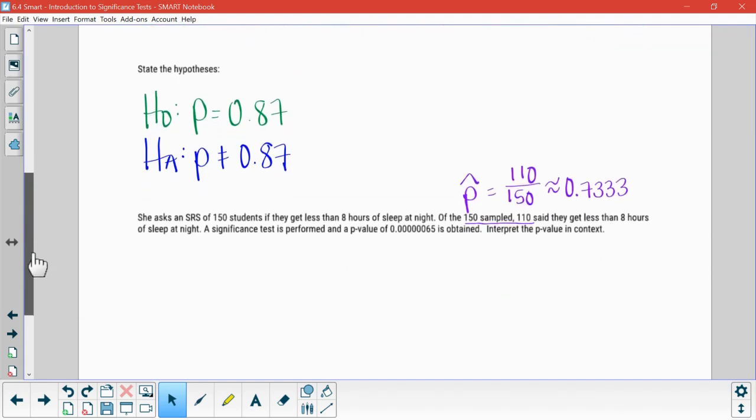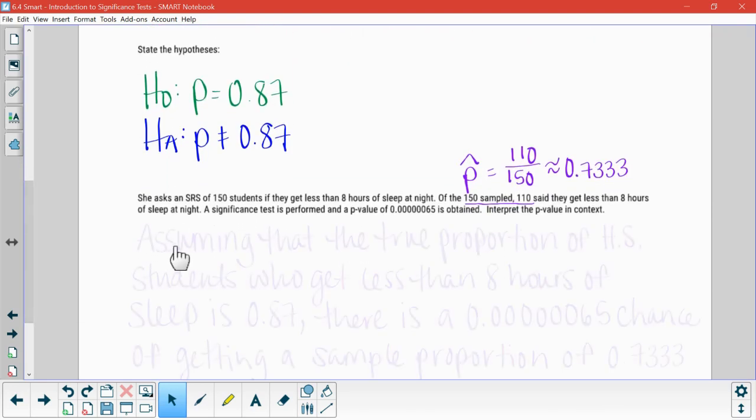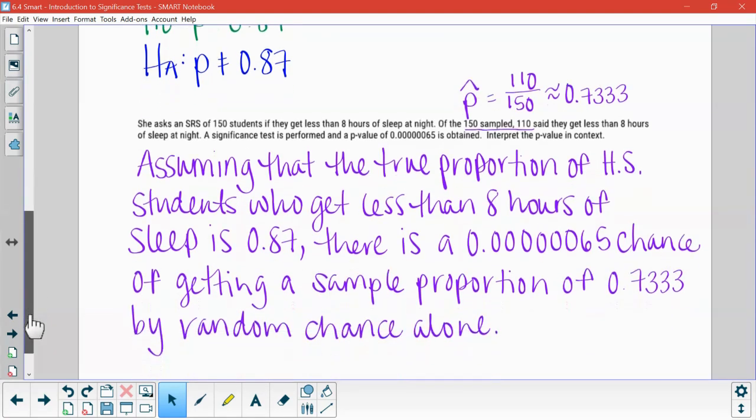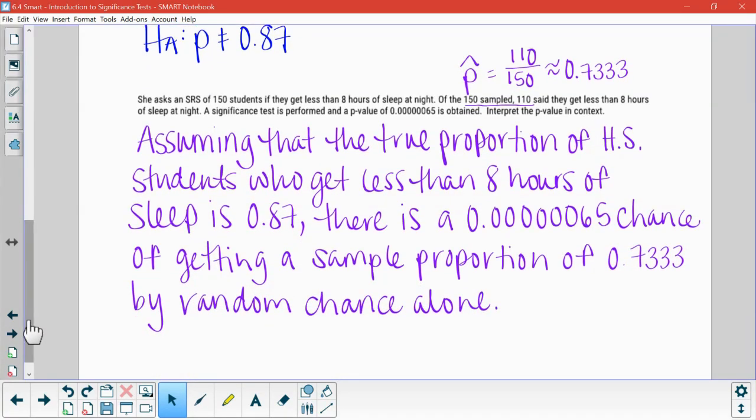But now that I have a p-value given to me, I can say, assuming that we live in the world of the claim from the article, assuming that the true proportion of high school students who get less than 8 hours of sleep is 0.87, there is a very small chance of getting a sample proportion of 0.7333 by random chance alone.